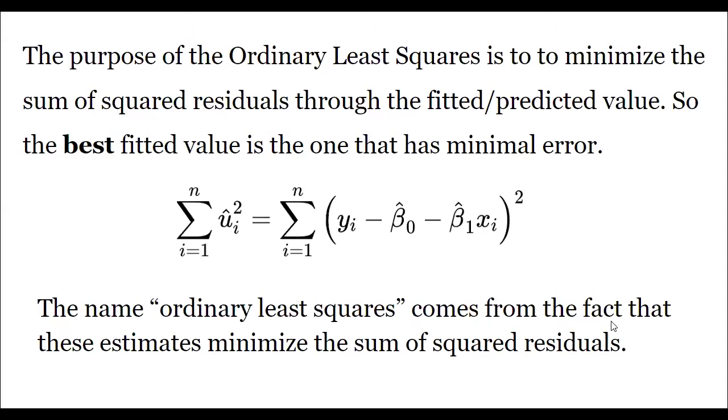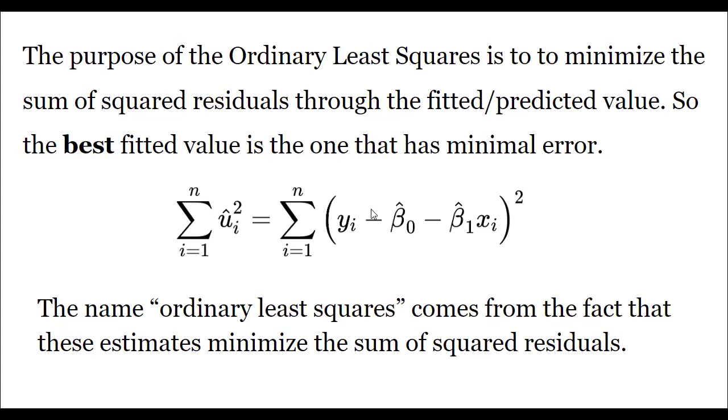The whole purpose of the ordinary least squares is to minimize the error term or minimize the sum of squared residuals through the fitted value. So if we minimize the error, we will get the best fitted value or the most efficient fitted value with as minimal error as possible.